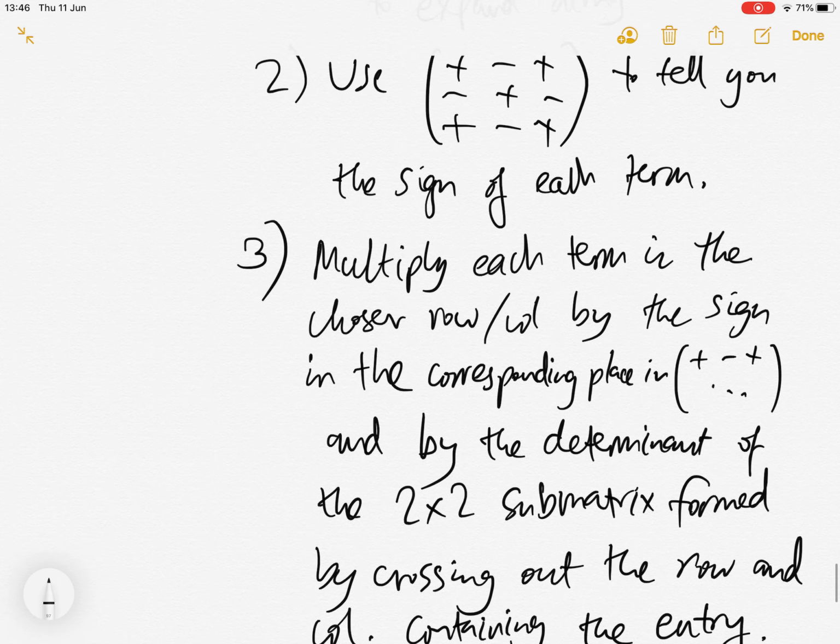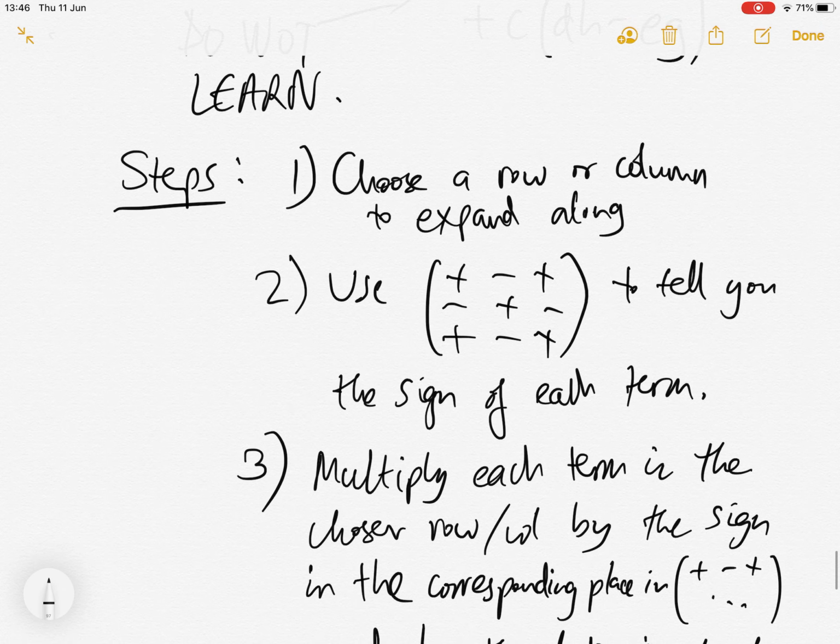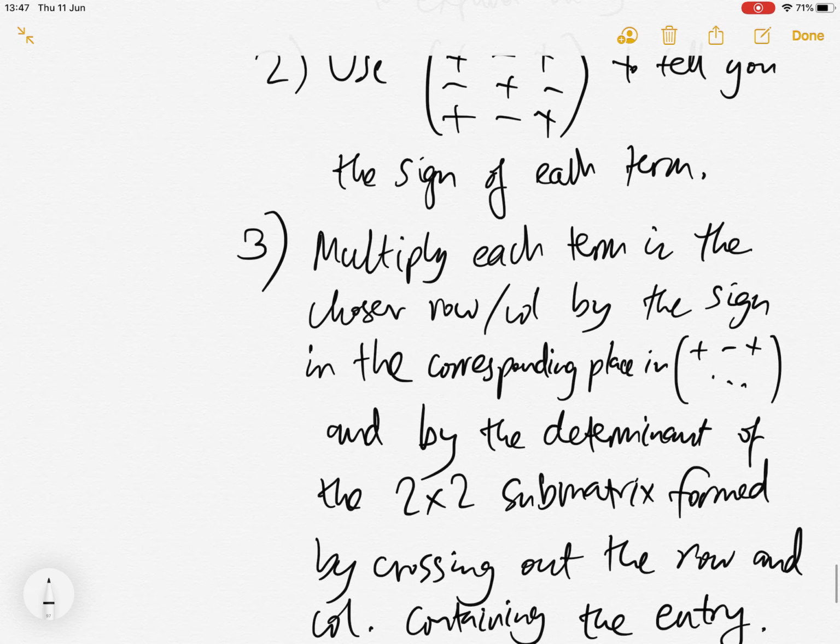So that's quite a mouthful. That's why we didn't start with the explanation in words, but that is the procedure.